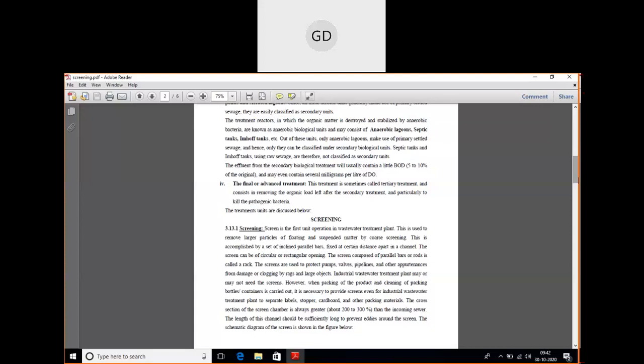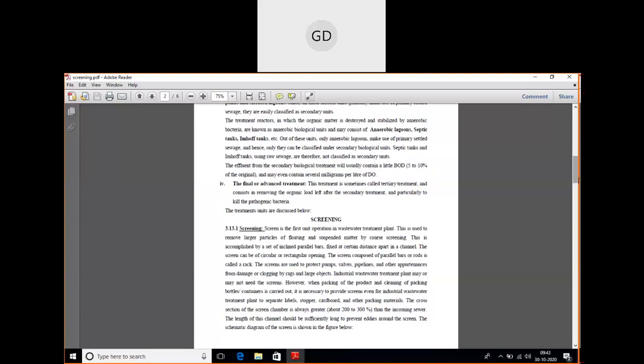So the main idea of screening is to remove the large floating materials, protect the pumps, and also save other equipment from possible damage due to the floating matter of the sewage.